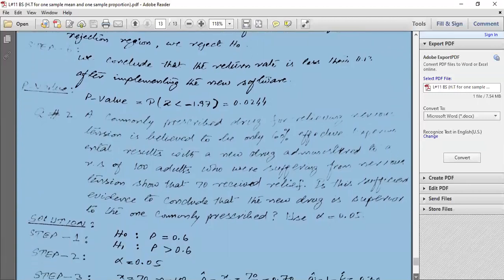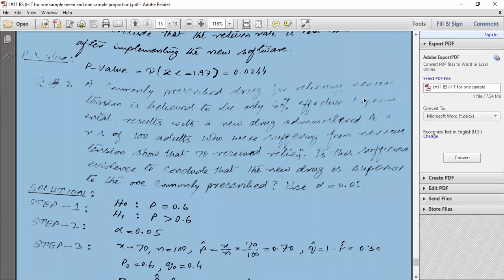Now the second application. A commonly prescribed drug for relieving nervous tension is believed to be only 60% effective.